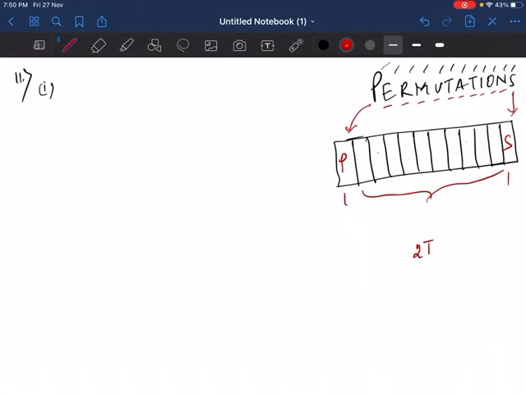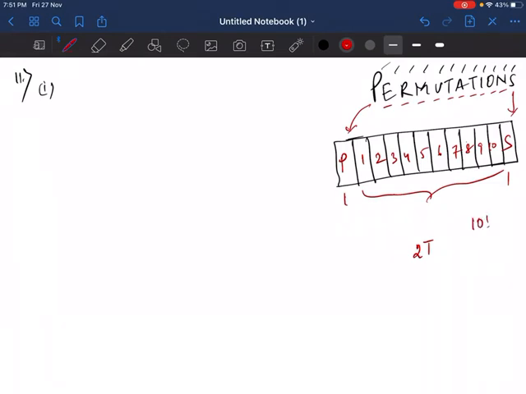The others are not repeated at all, right? So how many spaces do we have? We have 1, 2, 3, 4, 5, 6, 7, 8, 9, 10. We have 10 spaces, right? And there are 10 alphabets to be filled. So how many ways can we do it?